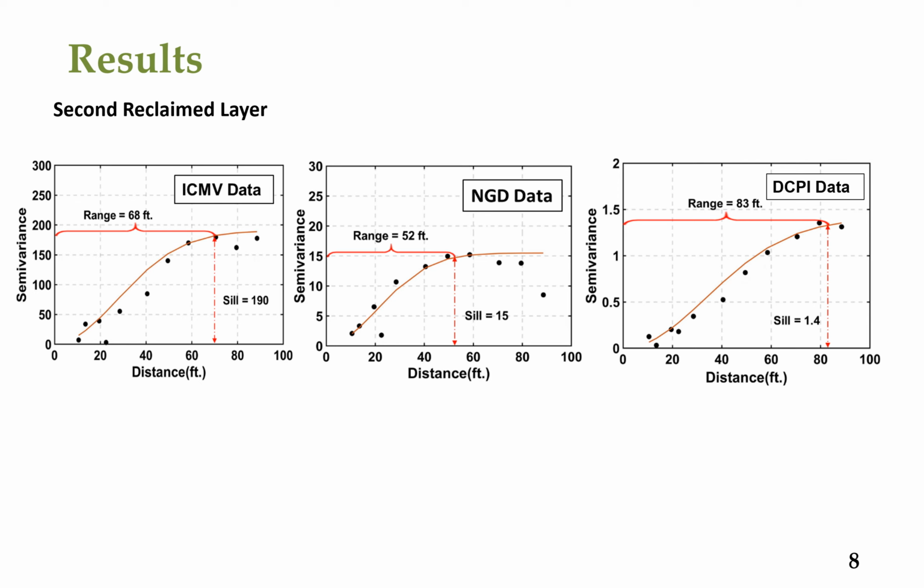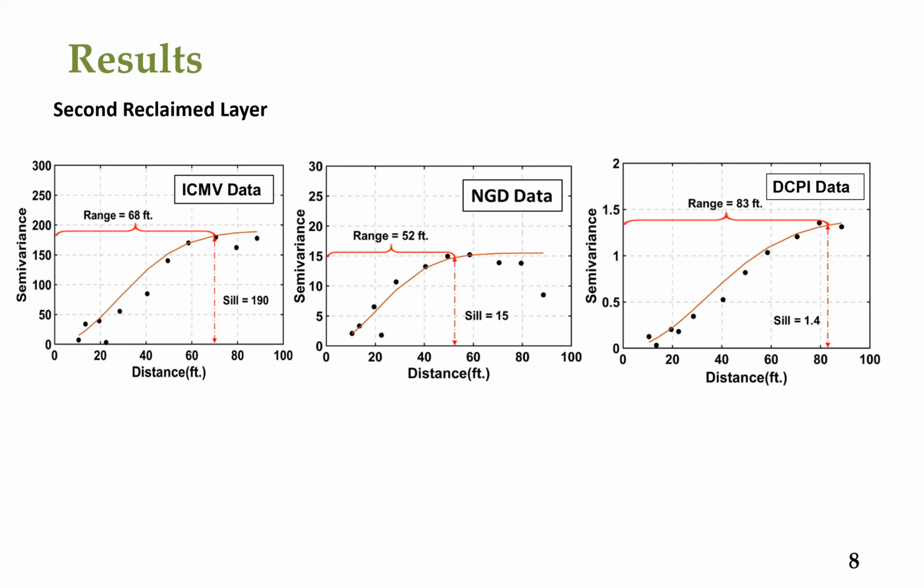And the interesting point about the results of this study was that the range values on the second reclaim phase were consistently larger than the first reclaimed layer, which can be an indication of better uniformity and consistency.